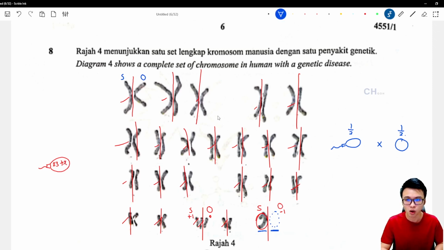How about the ovum? You count by your own. I will just write down how many chromosomes can be found in the ovum. Now the ovum should have 23 chromosomes, but it lacks 1 sex chromosome, so here we put 0. This is the first possibility: 23 plus X fused with 22 plus O, meaning no sex chromosome.